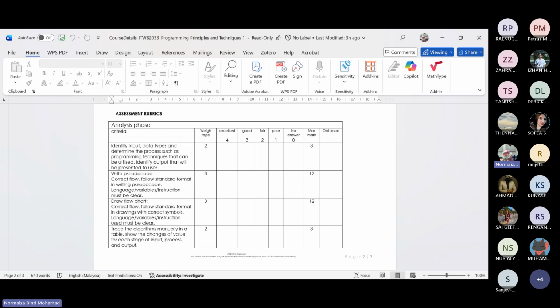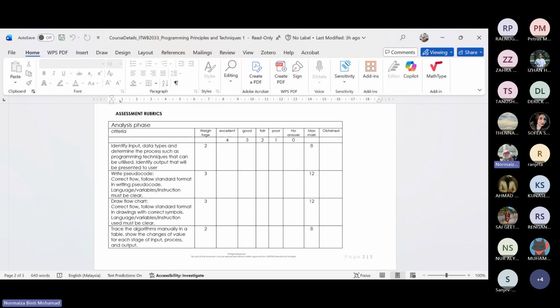Correct flow follows standard format in writing the pseudocode. Language, variables, and instruction must be clear. And then you need to draw a flowchart. Correct flow follows standard format in drawing with correct symbols. Language, variable, instruction use must be clear. And then you need to trace the algorithm manually in a table.